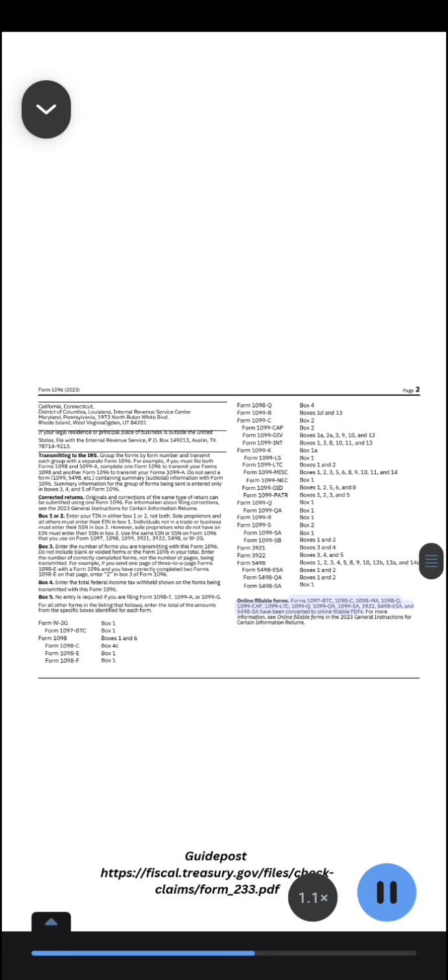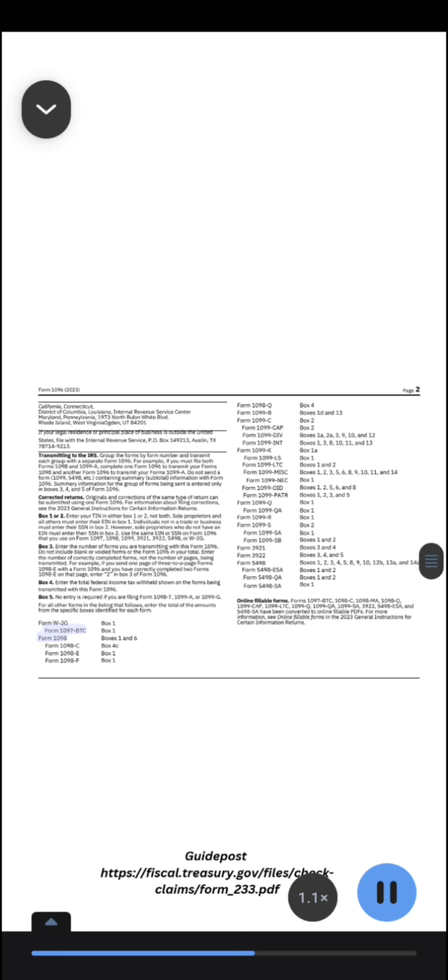Forms 1097-BTC, 1098-C, 1098-MA, 1098-Q, 1099-CAP, 1099-LS, 1099-Q, 1099-QA, 1099-SA, 3922, 5498-ESA, and 5498-SA have been converted to online fillable PDFs. For more information, see online fillable forms in the 2023 General Instructions for Certain Information Returns.